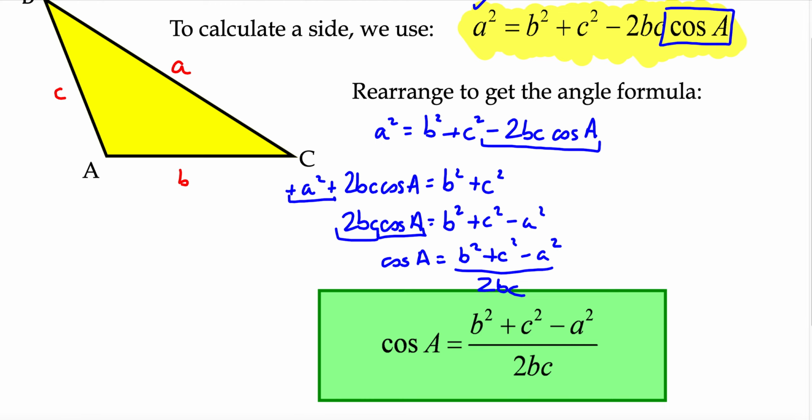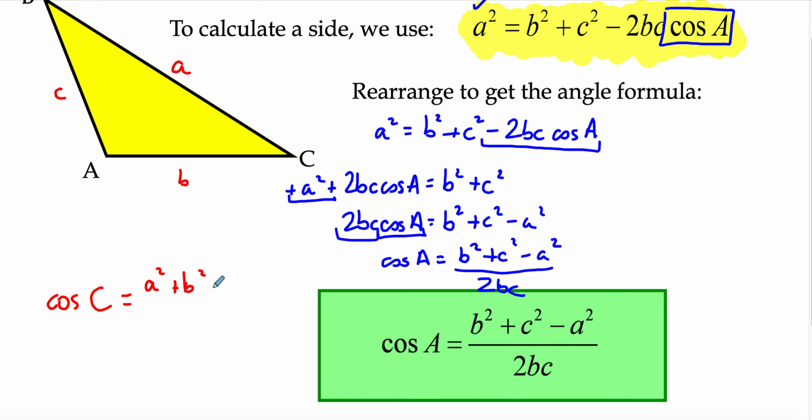Again, just like finding the sides, we could rewrite that with different letters as long as we understand the pattern. So if I wanted to find angle C, for instance, I could write down cos capital C. You'll notice that on the right hand side the first two letters are the letters other than the angle. So I'd have a squared plus b squared.